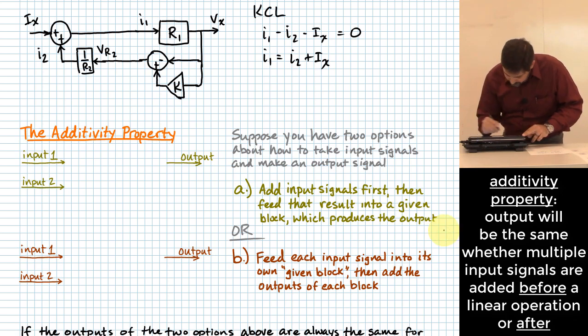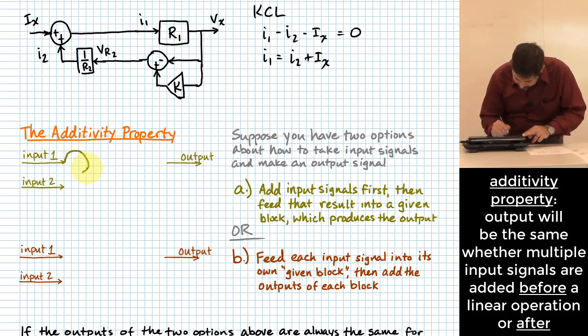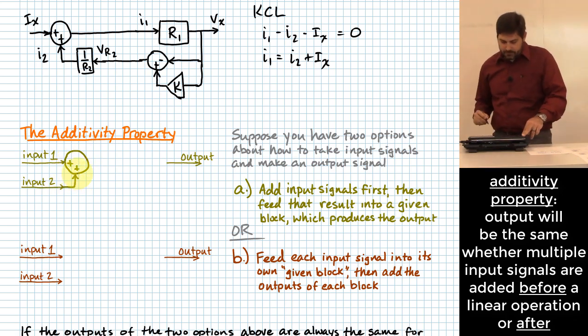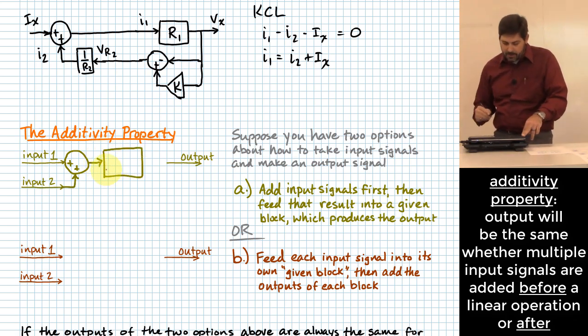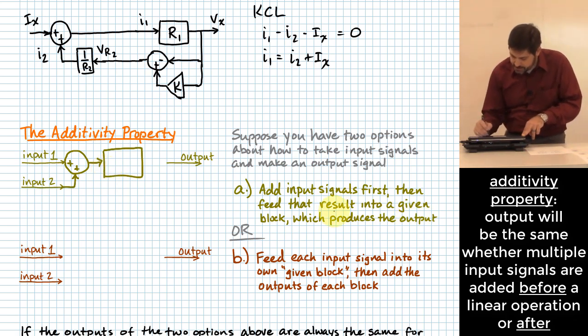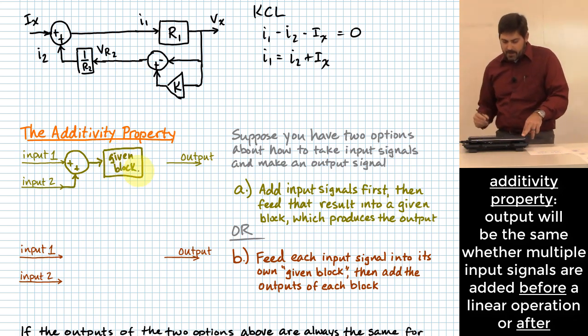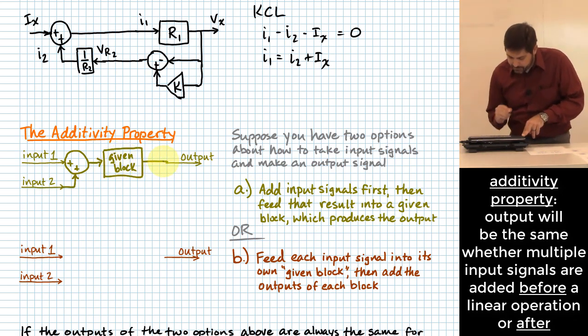Okay, so let's say you've got input signal 1, you add it to input signal 2. Then you feed whatever that result is into your system, your block or whatever. I'm going to call this the given block, and then you get an output out of that given block.